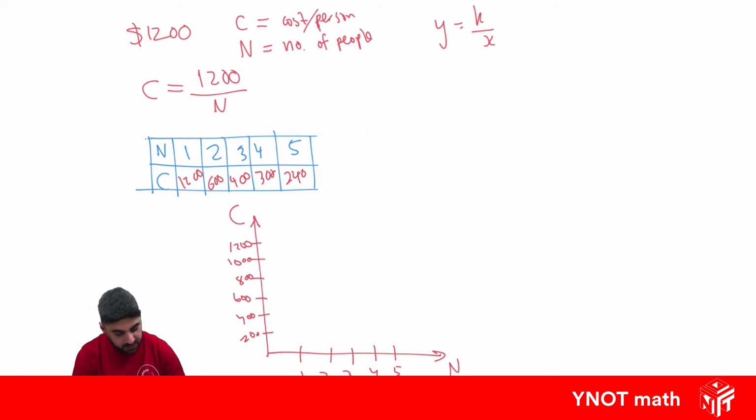So if one person's going, that's going to be $1,200, which should be about there. 2 people going is 600, which should be about there. 3 people going, 400, which is about there. 4 people going, 300, which is about in the middle there. 5 people going is 240, which will be about there. And you can see we've got what looks like part of the hyperbolic model.